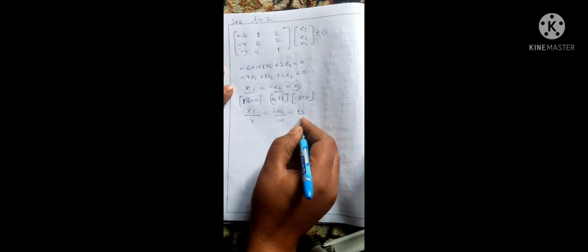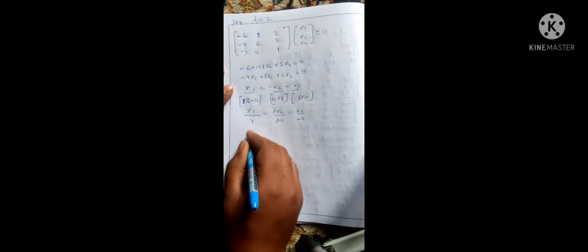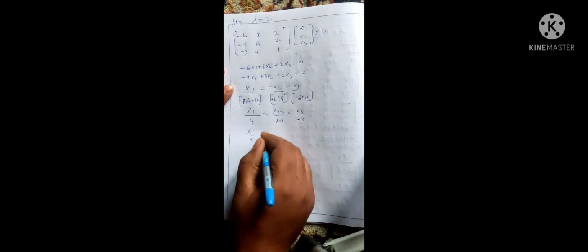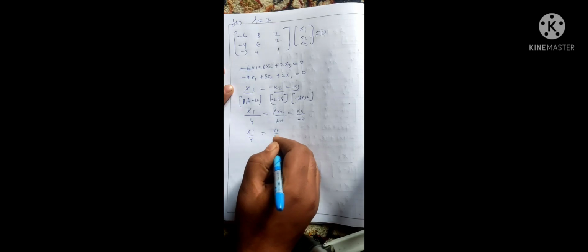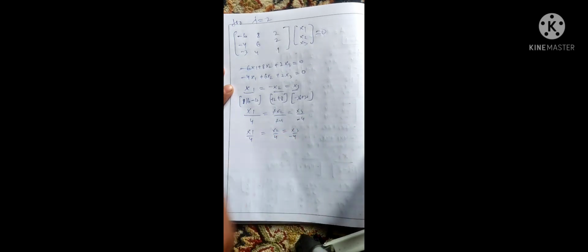I think here I have made some mistake. Okay, no worries. It is minus 4. So the minus signs cancel, and x1 upon 4 is equal to x2 upon 4 is equal to x3 upon minus 4.